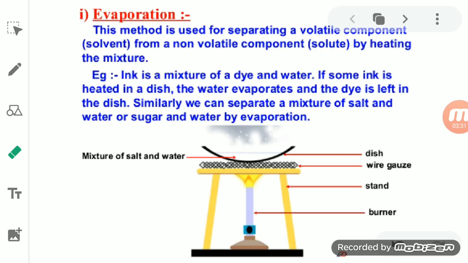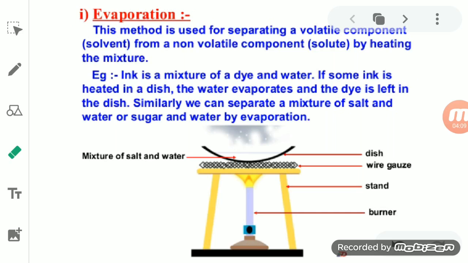As you give heat, the component which is volatile in nature evaporates. Especially we are talking about the separation of a solid and a liquid. When you provide heat, this volatile component will evaporate from the solute part, from the solid part, which is actually a non-volatile component.